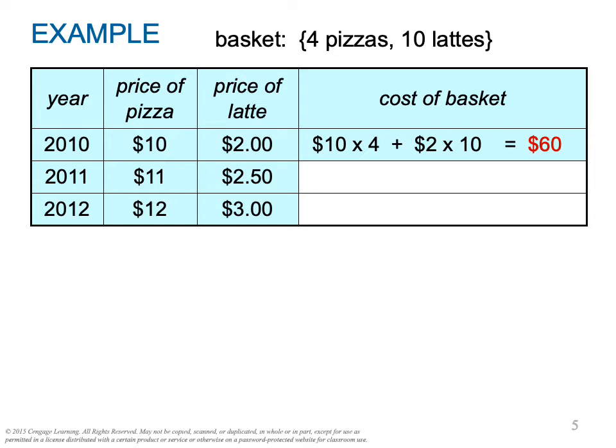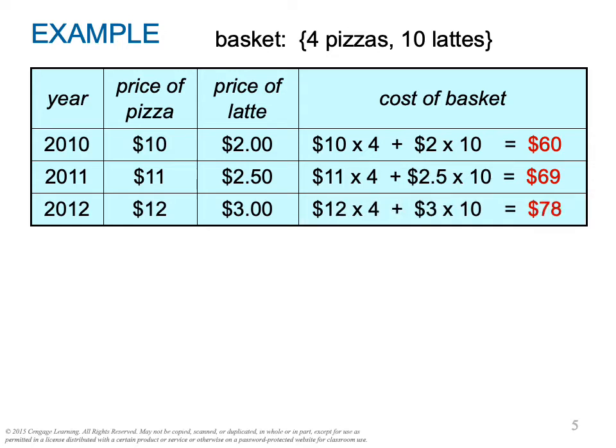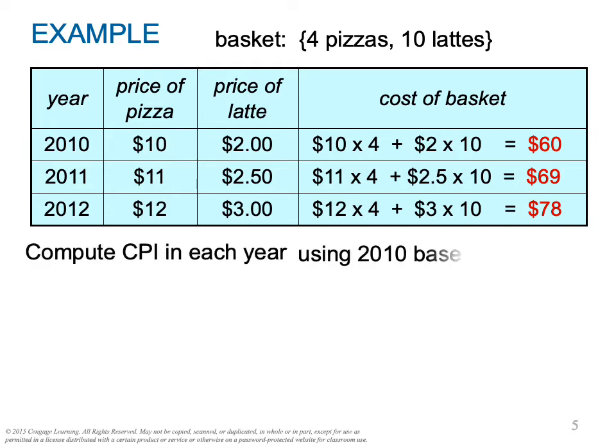So the cost of this basket in 2010 was $60. We do the same thing for 2011, and we calculate that the cost of the basket in 2011 is $69. And again for 2012, and we get the cost of the basket going up yet again to $78. All right, so there's the cost of our baskets.